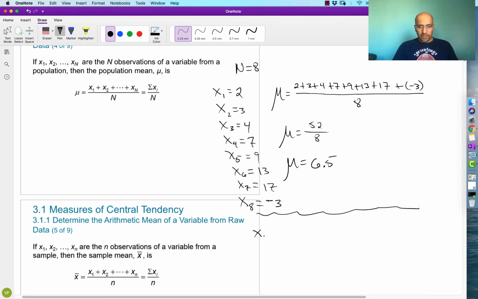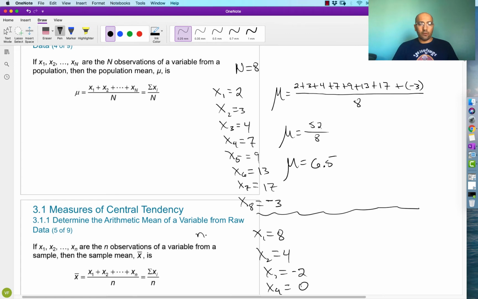Maybe our sample has x sub 1 equals, say, 8, x sub 2 is 4, x sub 3 is -2, and x sub 4 equals 0.